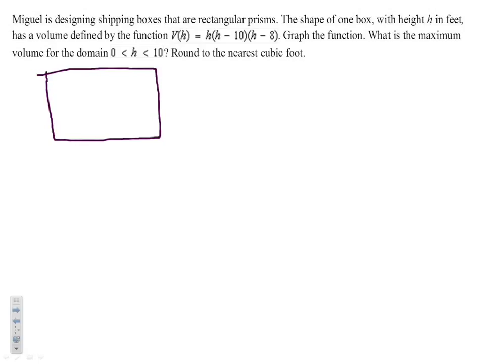So I have a side here, 8, and 10. Because we're making a rectangle, we're going to cut out little corners of this rectangle. And when you fold it up, it makes our rectangular prism.